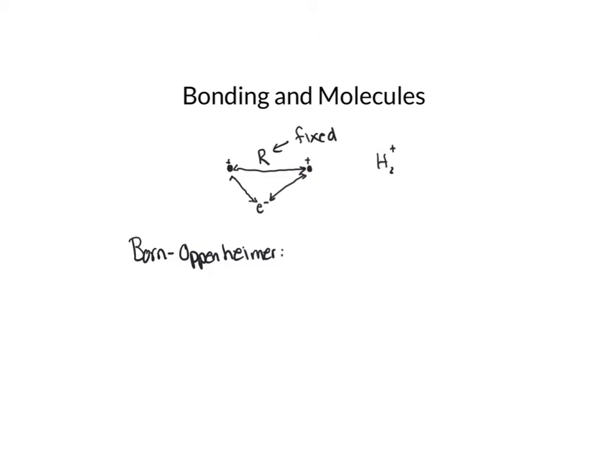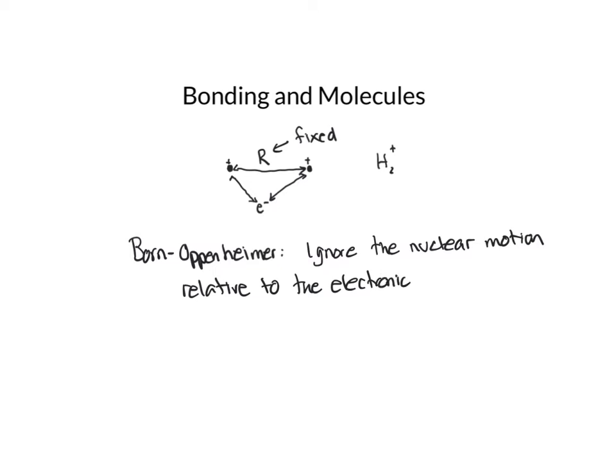This is called the Born-Oppenheimer approximation. And it basically states that we ignore the nuclear motion relative to the electronic motion, and then solve the problem for different fixed values of the nuclear distance.